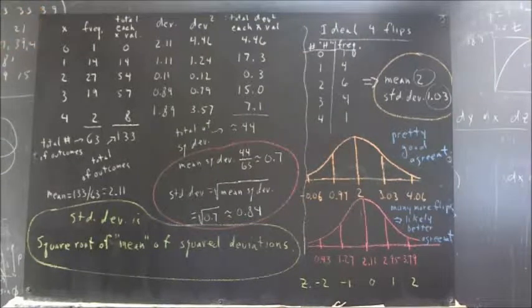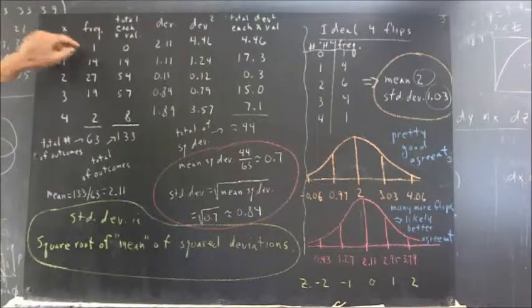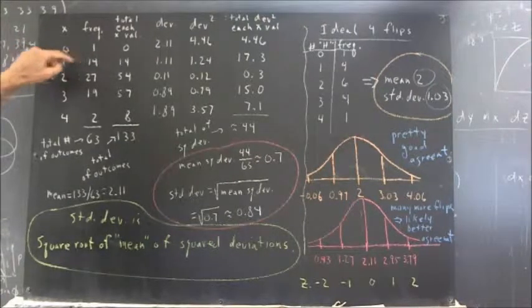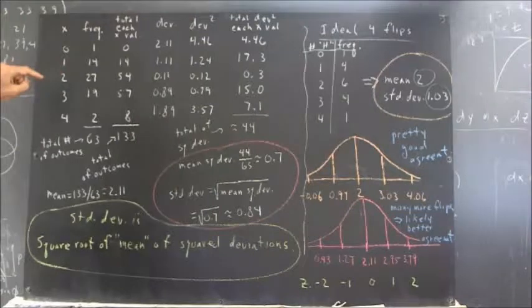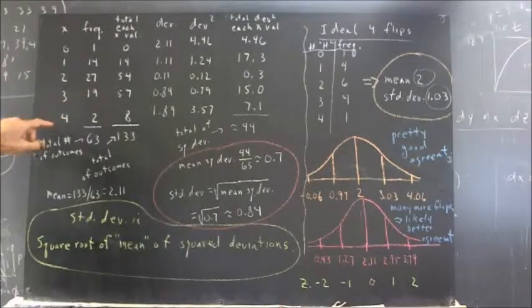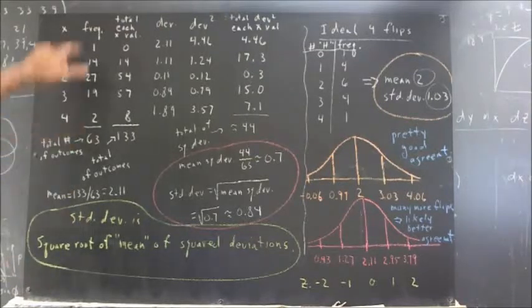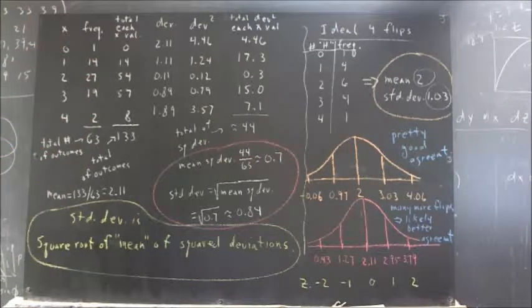So if you tallied the results on the test, you found that 0 heads occurred once, 1 head occurred 14 times, 2 heads occurred 27 times, 3 heads occurred 19 times, 4 heads occurred twice. So we wanted to calculate the mean.